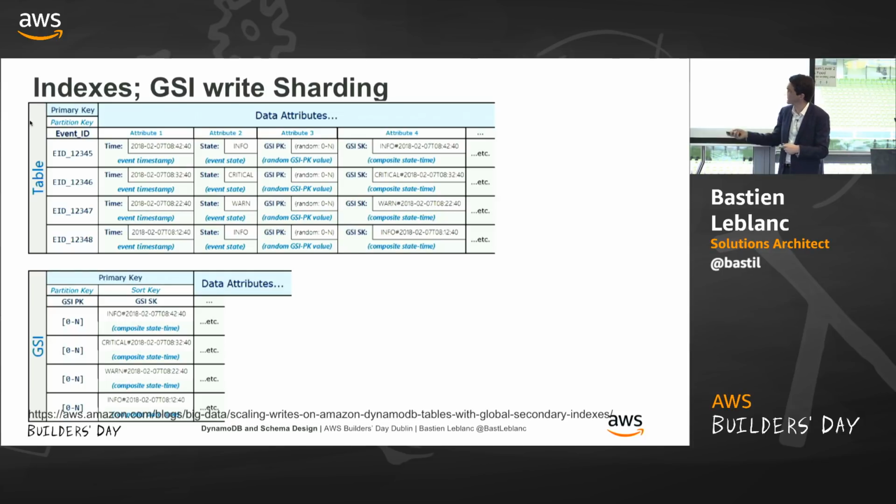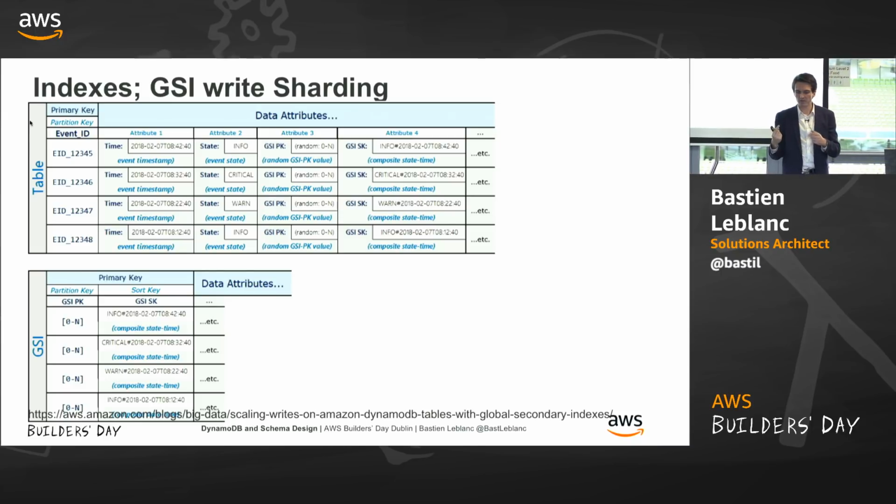The idea here is, when you write to a table, we update the GSI for you. And we update the GSI in an asynchronous manner. So a GSI has an eventually consistent read, because when you write to the table, we don't write to the GSI at the same time, as we write in asynchronous mode.